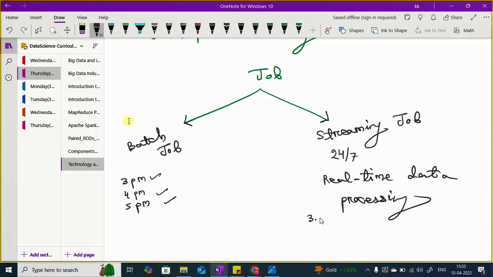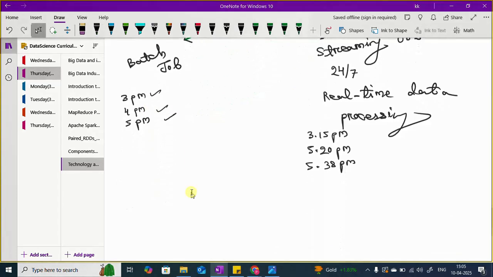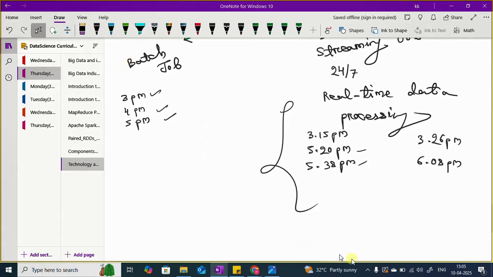Data may come at 3:15 p.m., it may come at 5:20 p.m., the next data may come at 5:38 p.m. There is no constant pattern. This is for today; tomorrow may be different. It's not like it will run every hour, like 3 o'clock, 4 o'clock, 5 o'clock, and so on. No, nothing like that. Clear, guys? Any doubt so far?